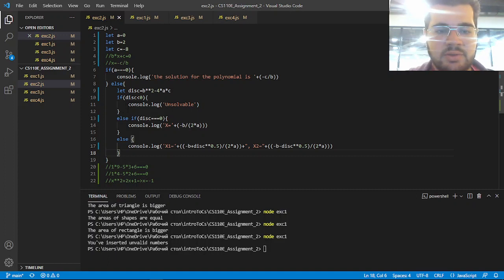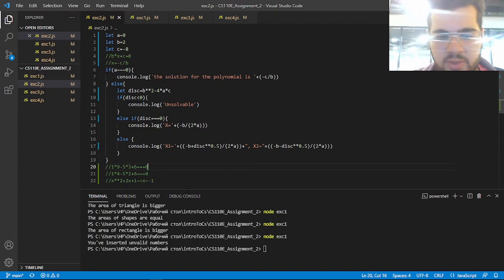Then if it's not smaller than 0 but is equal to 0, the program will print its only solution by a formula. And if it is not equal to 0 and is not smaller than 0, then it is bigger than 0, and so the equation will have two solutions which will be printed on the screen.